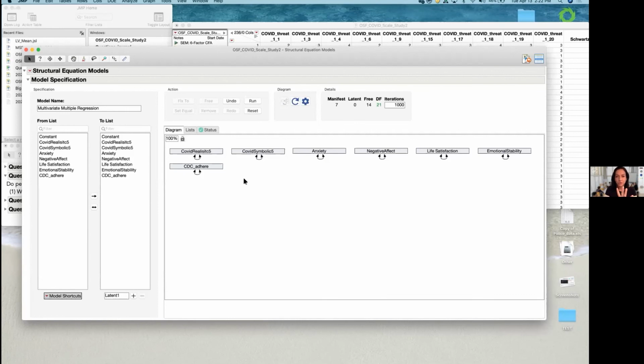As a demonstration, I wanted to show you how we would use those threats as predictors of a number of outcomes. We have anxiety, negative affect, life satisfaction, and also whether or not people are adhering to public health behaviors that were recommended by the CDC.